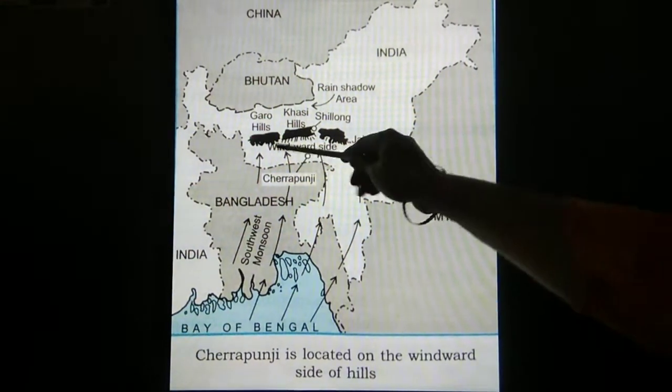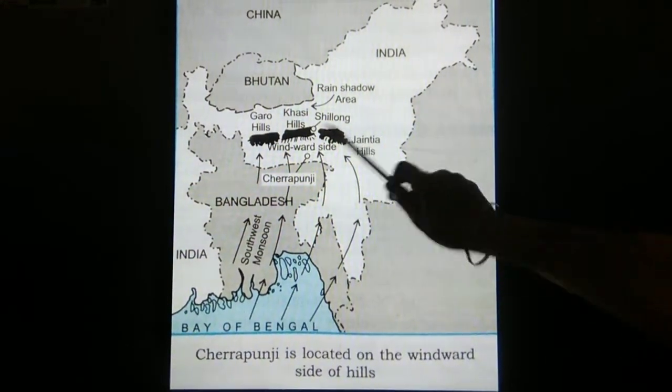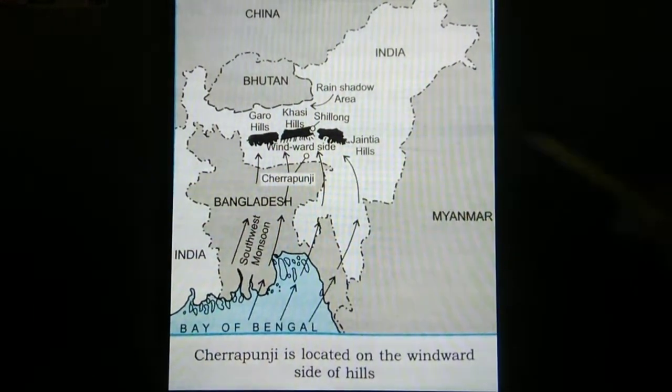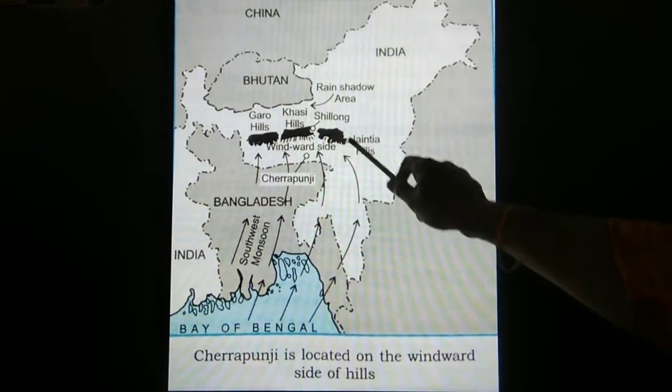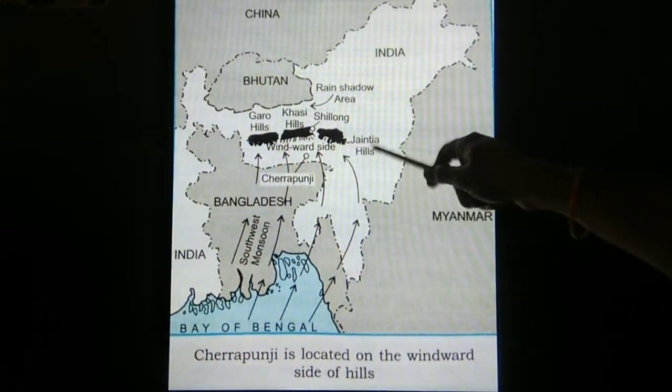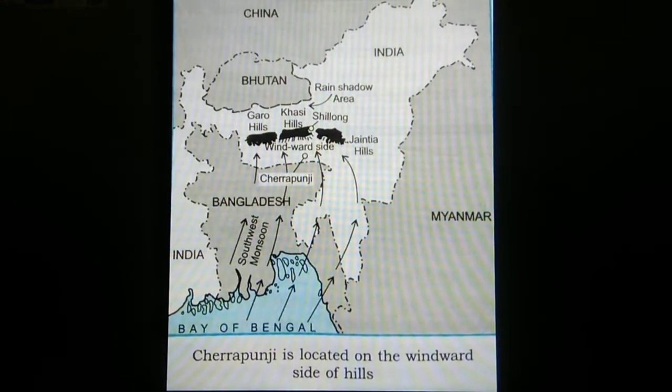Now the third relief feature is the southern hills of Assam. Clear? Here you can see Garo, Khasi, Jaintia. These are the southern hills of Assam. The southern part used to get a huge amount of rainfall, but the northern side gets less. Why?